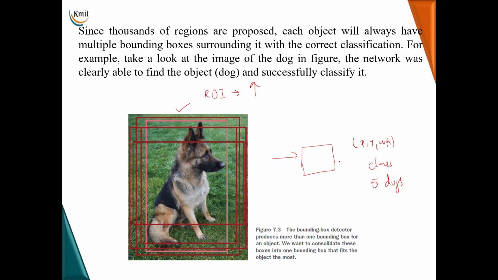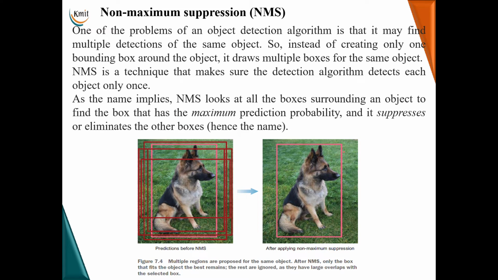We go for the third component called non-maximum suppression, where the bounding boxes which are not required will be suppressed and the bounding boxes which involve the target only will be passed for further analysis. One of the problems of an object detection algorithm is that it may find multiple detections of the same object.